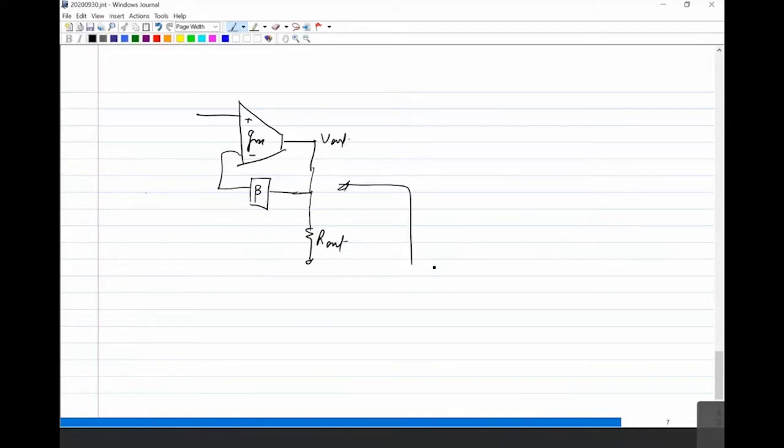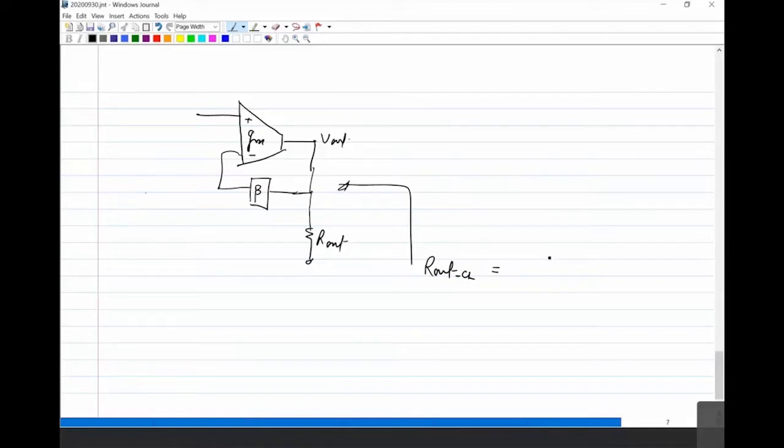So what will be the R out, or I'll say closed loop actually? With approximation, it will be 1 by beta GM.